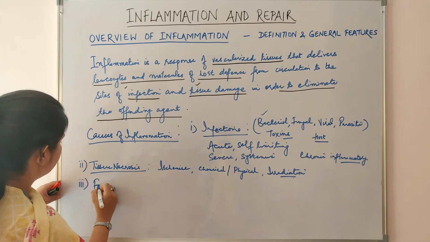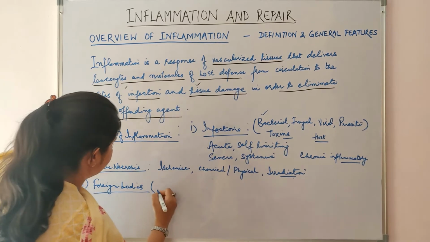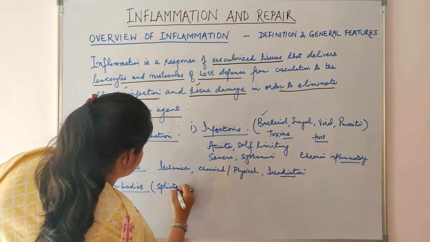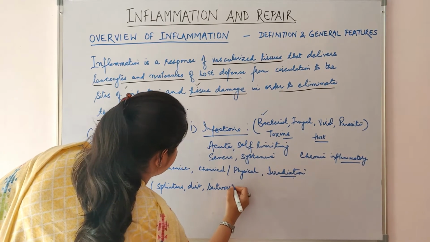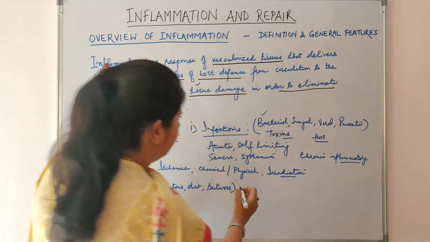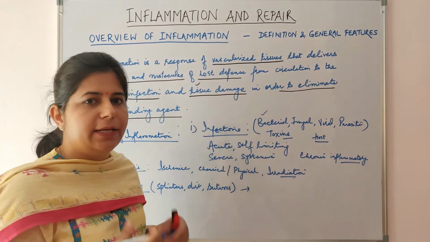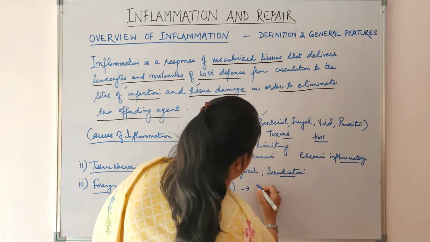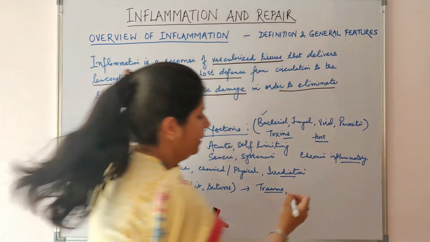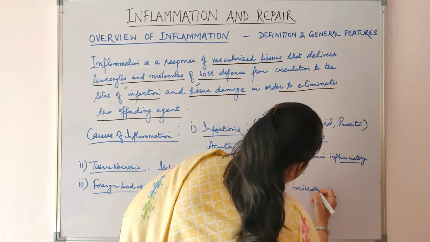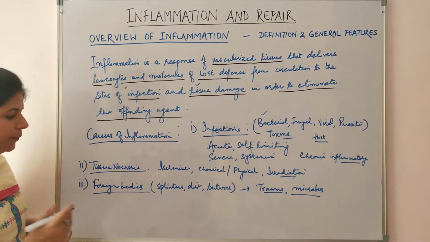Next is foreign bodies. Foreign bodies, for example, splinters, dirt, sutures, can also elicit inflammatory response by two mechanisms. First, they can directly injure the tissue. They can cause trauma to the tissue, and also they may be carrying microbes which will elicit inflammatory reaction.